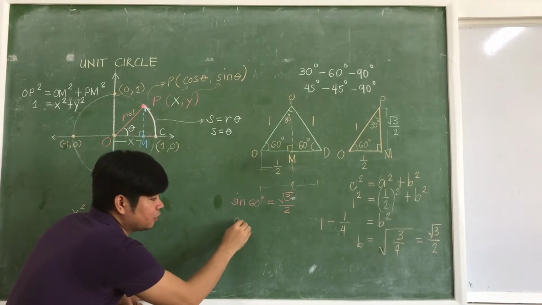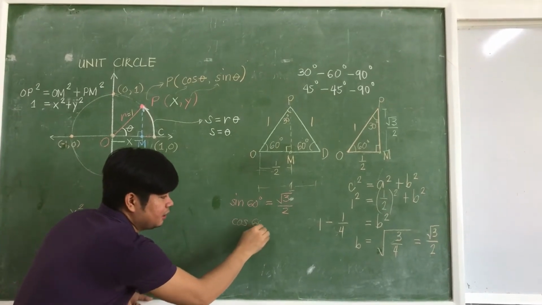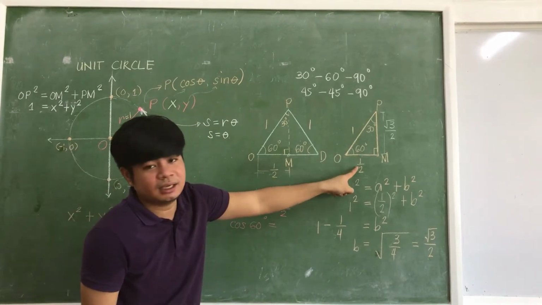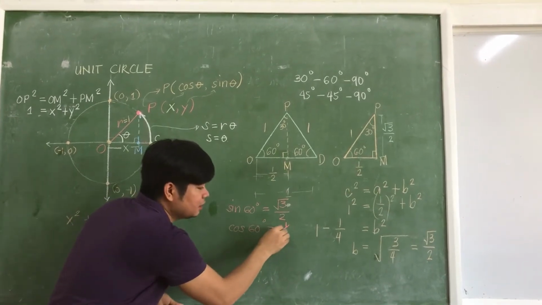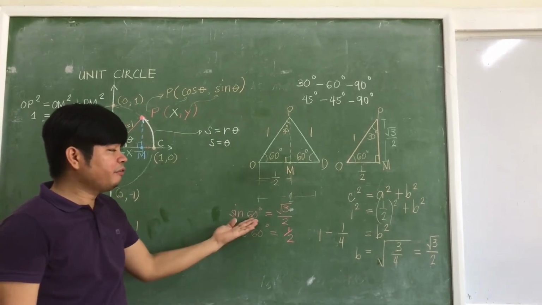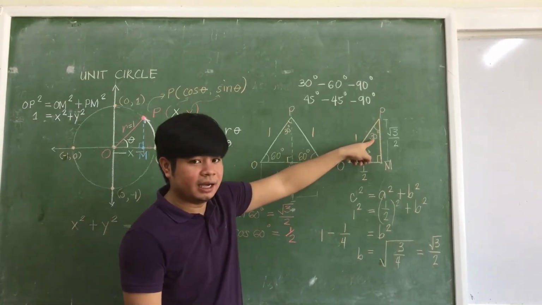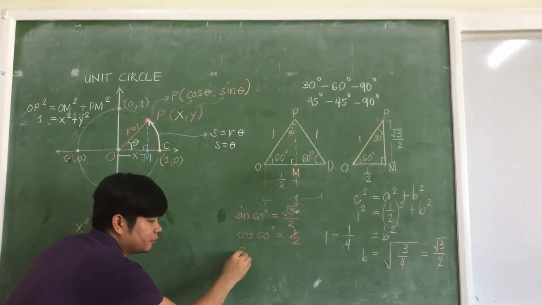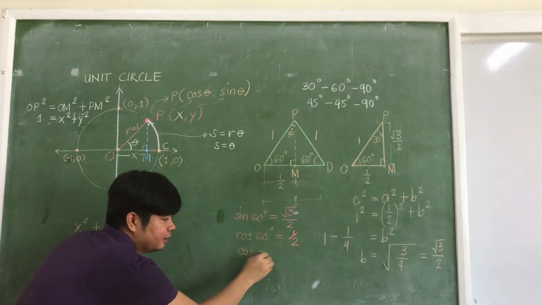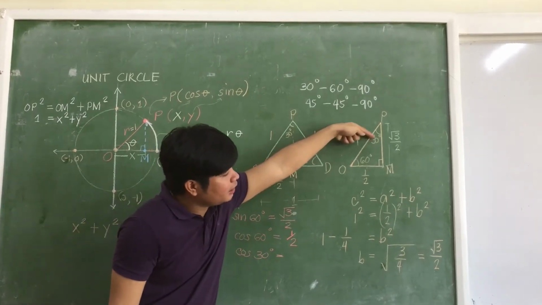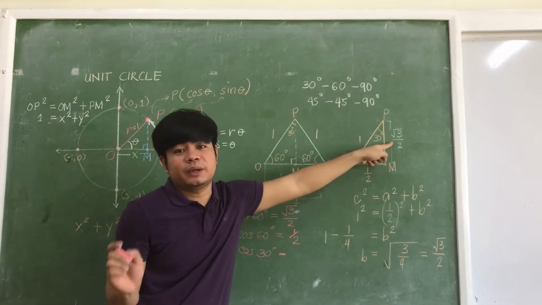Okay? So cosine 60 degrees, the adjacent side is 1/2, so that is immediately 1/2. However, if our reference is 30 degrees now, not 60 degrees, then we can have this also. Cosine 30 degrees. So the reference is 30 degrees here, and cosine is the adjacent side, and that is the square root of 3/2.